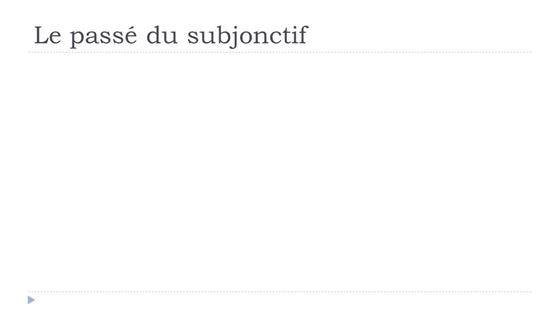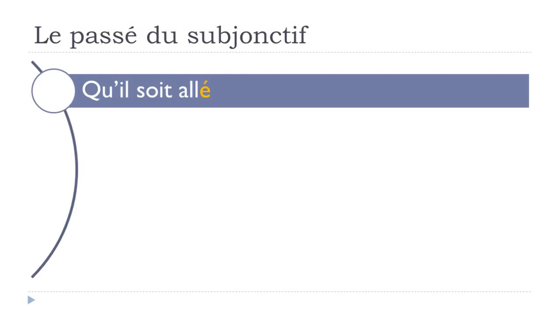Okay, but then, of course, we've got some tricky things, and if you remember from the past tenses that we saw, it's exactly the same rule. If we take these verbs that will require être, like you see here, qu'il soit allé. Okay, remember we saw that aller needs to be conjugated with être.